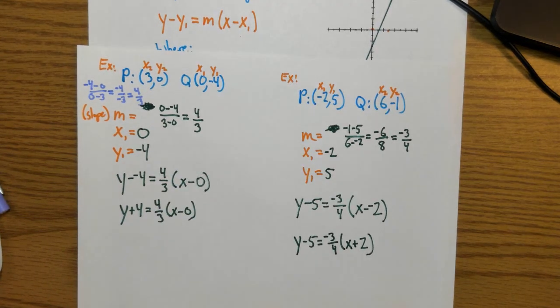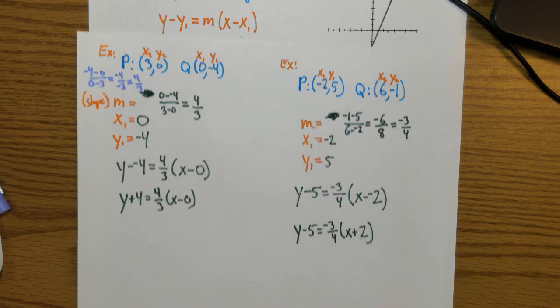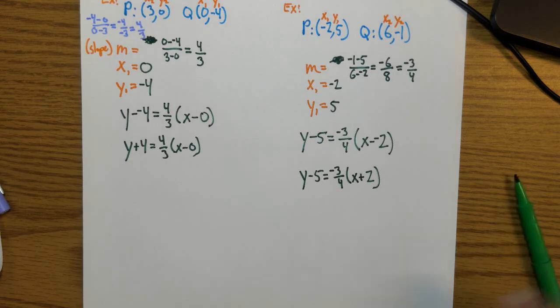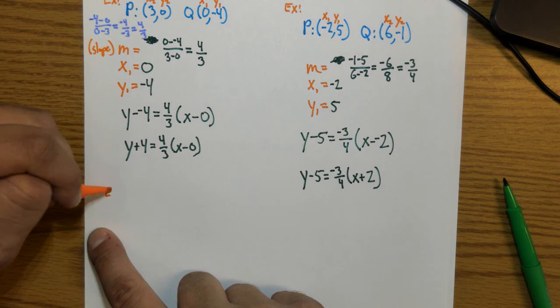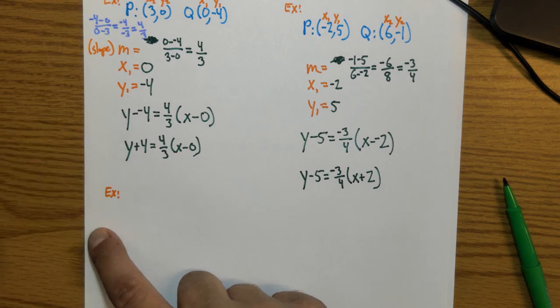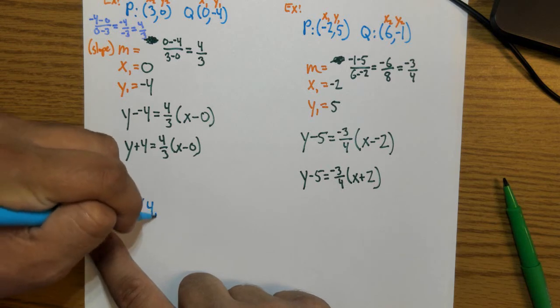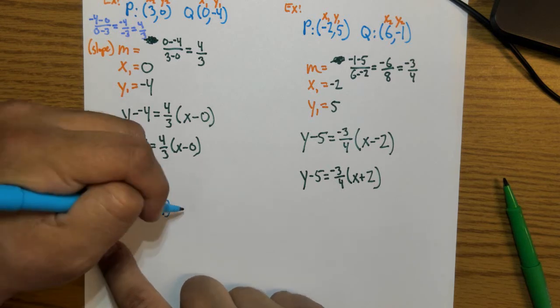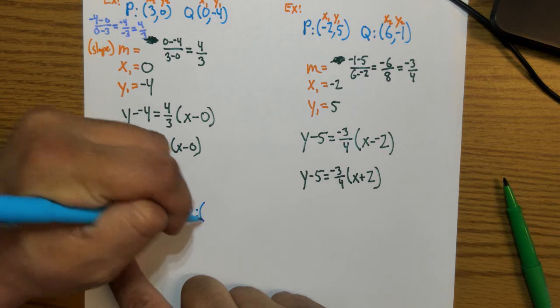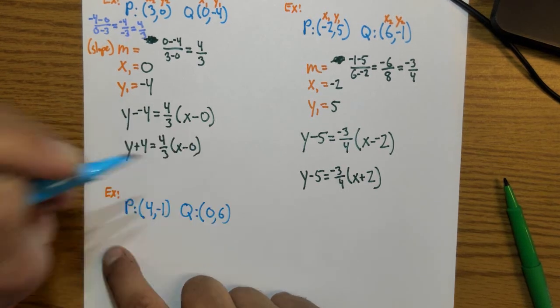Okay. Let's do another example just to drive the point home here. And let's say now we have p is equal to 4, -1, and q is equal to 0, 6.